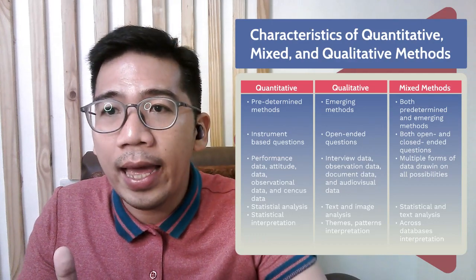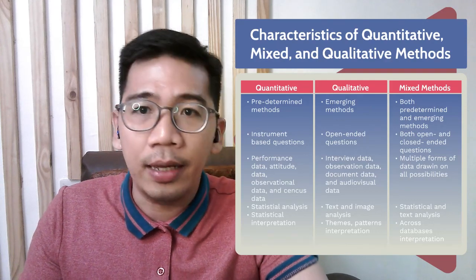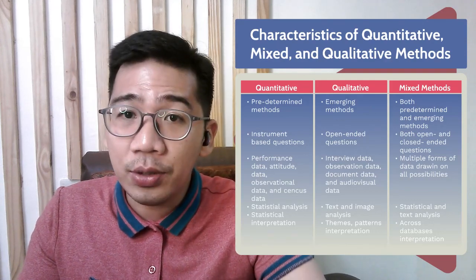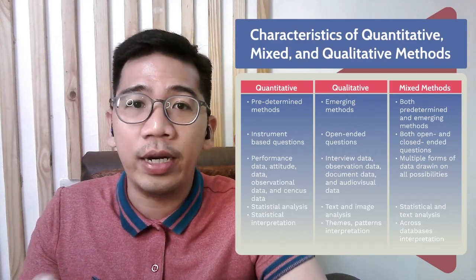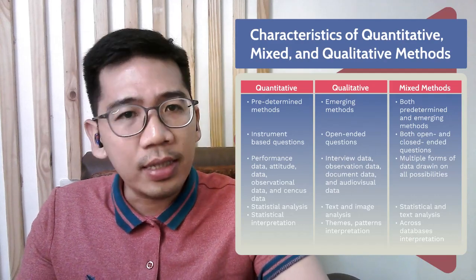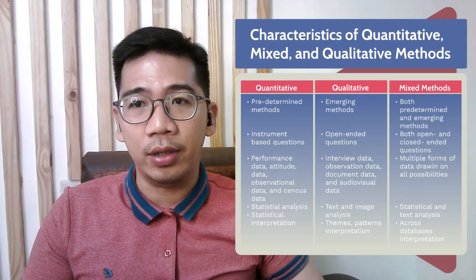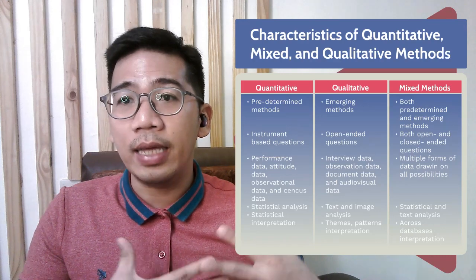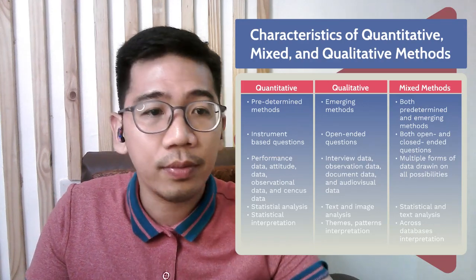Now, you can add open-ended observations to instrument data, or you can follow up census data with an in-depth exploratory interview. In this case, the researcher, as we have mentioned earlier, uses both quantitative and qualitative data to draw conclusions.